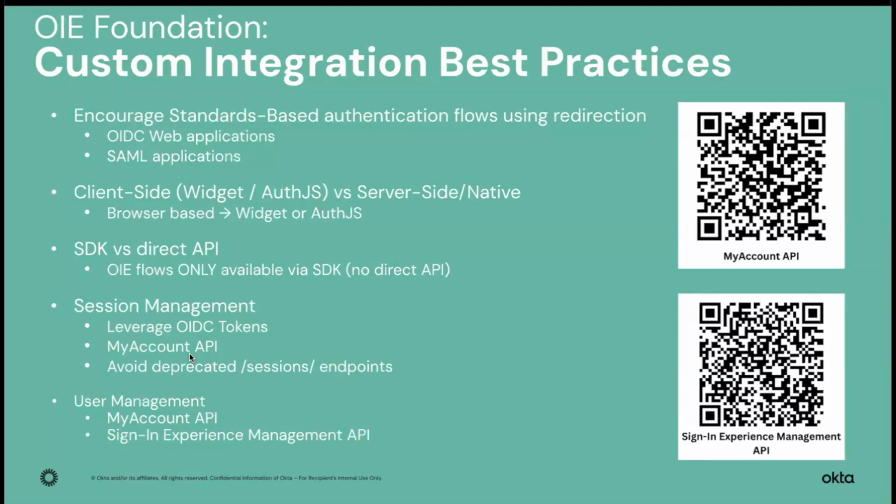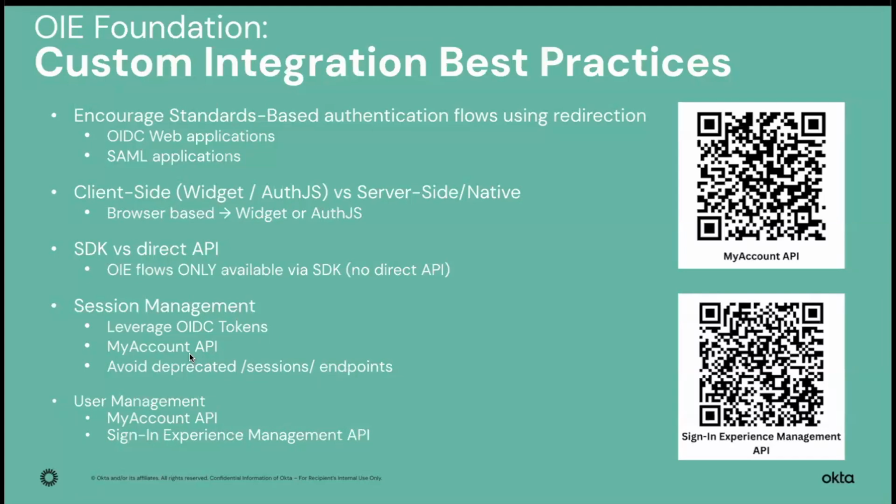Again, this is the best of both worlds, so to speak. You're hosting it yourself, so you have more control over the embedding page, but the widget itself is a self-contained unit. So all the new functionality that is present in OIE is available through the widget automatically out of the box without you having to update any code, other than making sure that your widget is operating in OIE mode as opposed to classic mode, and you automatically get all of that new functionality.